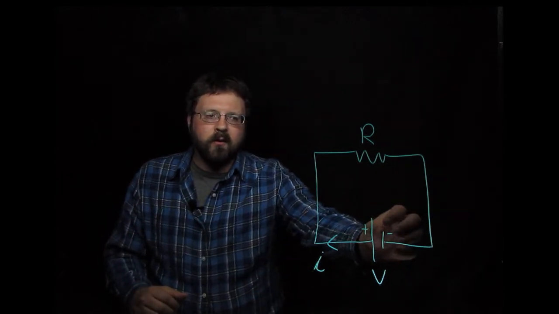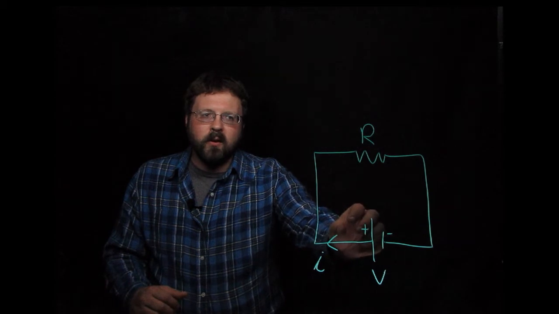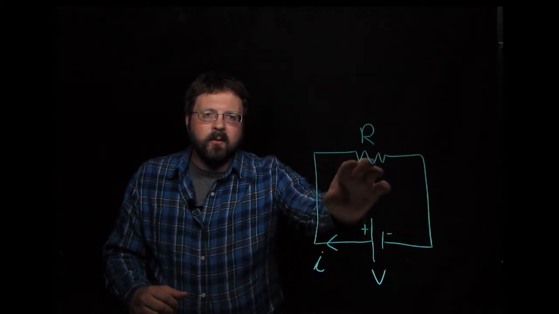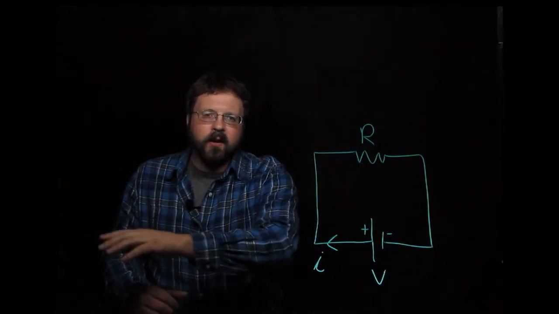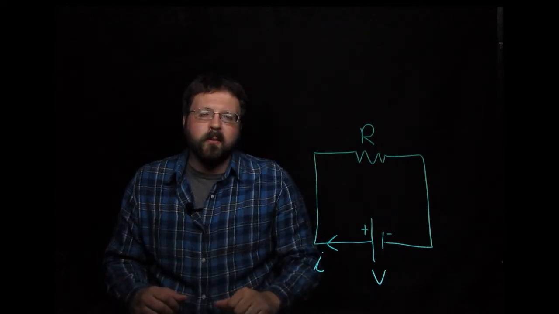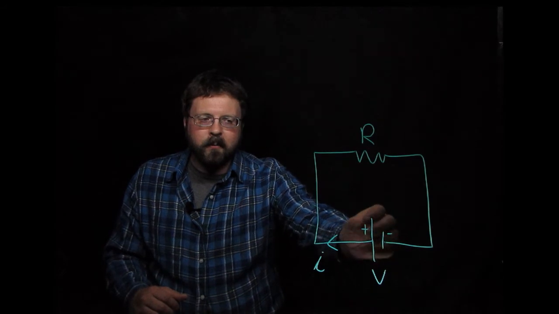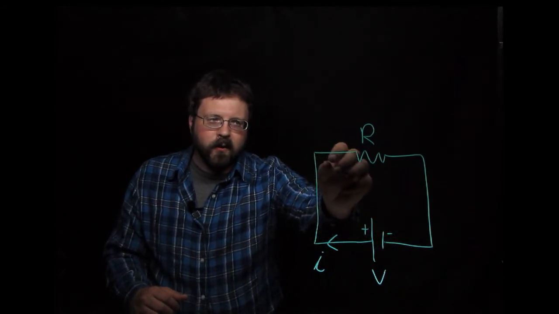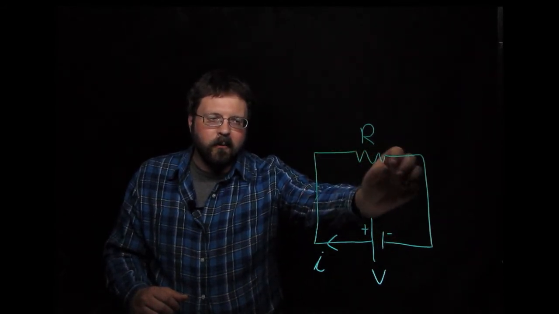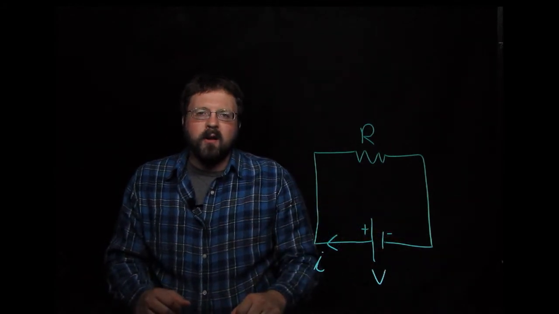So the positive side is like the top of a water tower or something like that. So we start at ground level, we pump the water up to the water tower, and then going through the resistor is like that water flowing downhill through a water wheel or something like that. So water, ground level, pumped up to the top of the water tower, and then it flows downhill through the resistor and back down to ground level.